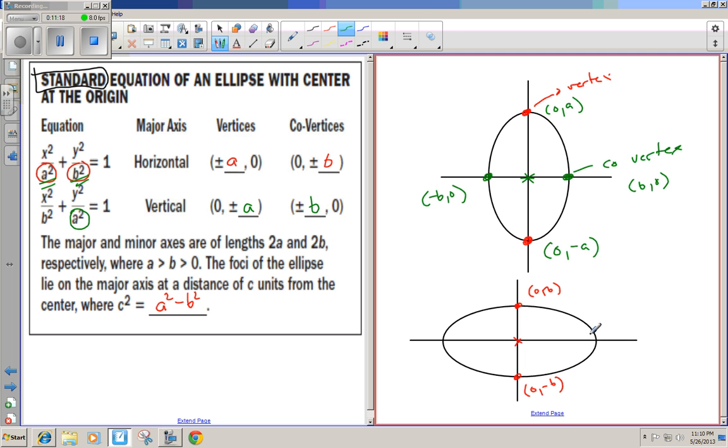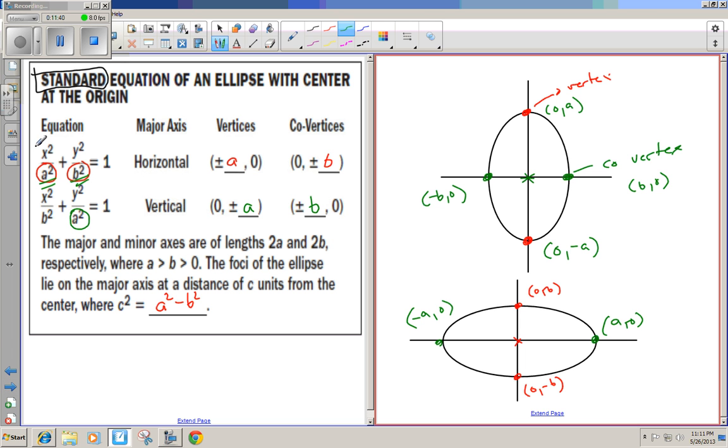The vertices are right here. And there, since a is bigger, it's at a, 0 and negative a, 0. So that's how you can come up with those vertices.